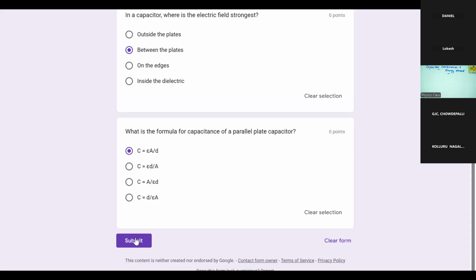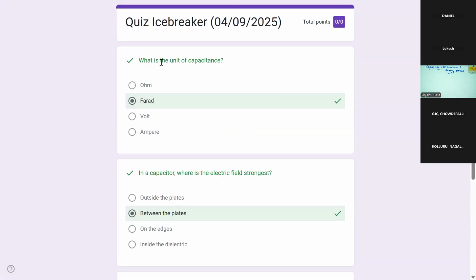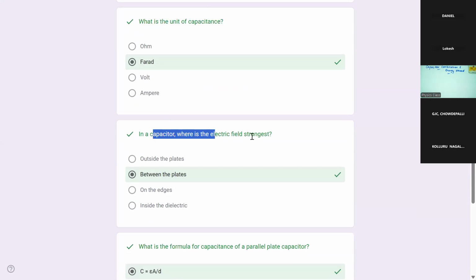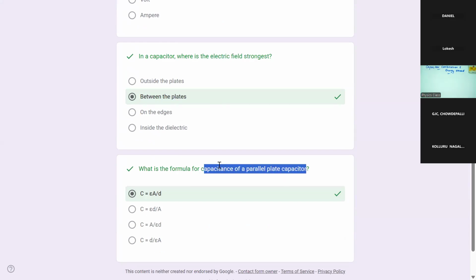We can check the answers. What is the unit of capacitance? Farad. In a capacitor, where is the electric field strongest? Between the plates. And what is the formula for capacitance of a parallel plate capacitor? C is equal to epsilon A by D. A is the area of the plate, D is the separation between the plates, and epsilon is the permittivity of that space.